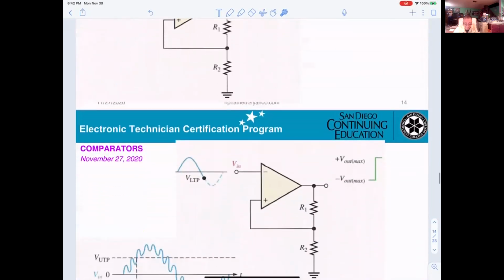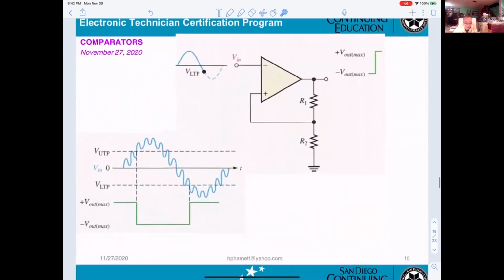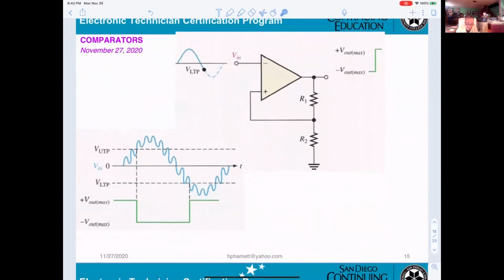Now, when the input goes negative, the voltage here will be negative. That's what they call the lower trigger point. Calculate the same thing: you take the minus voltage times R2 over R1 plus R2. Now you get a lower trigger point and an upper trigger point.